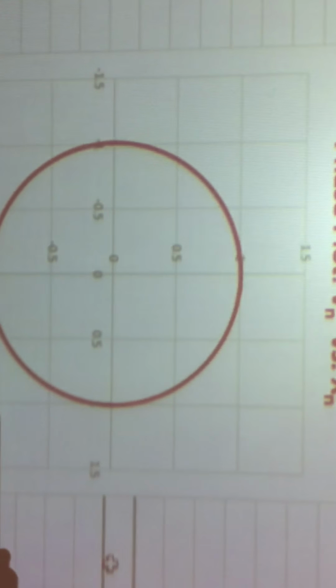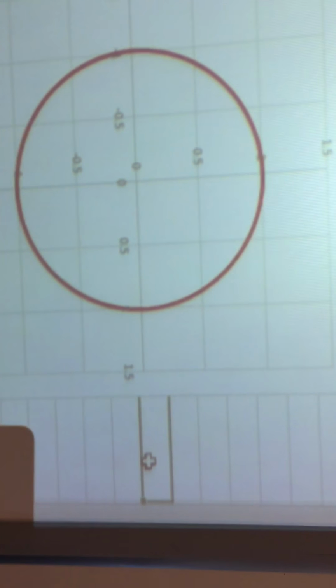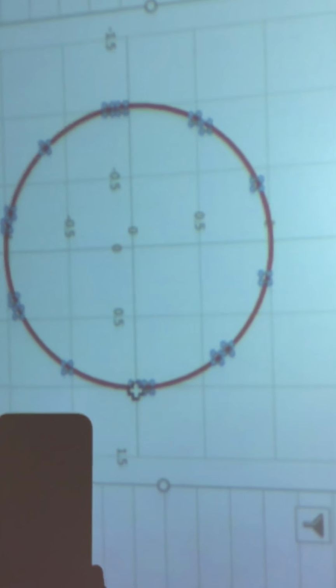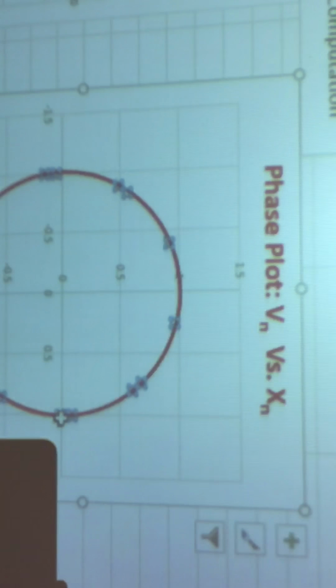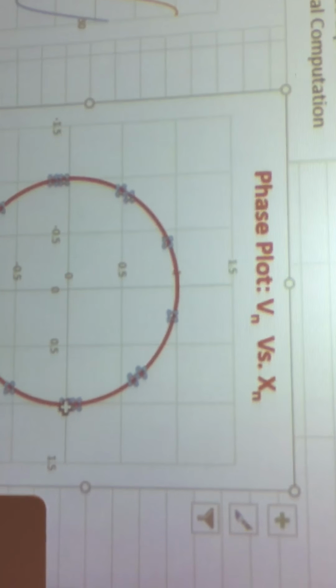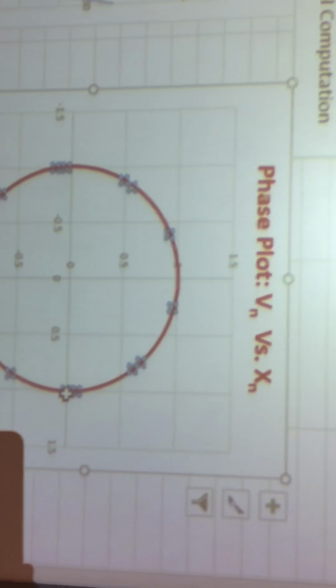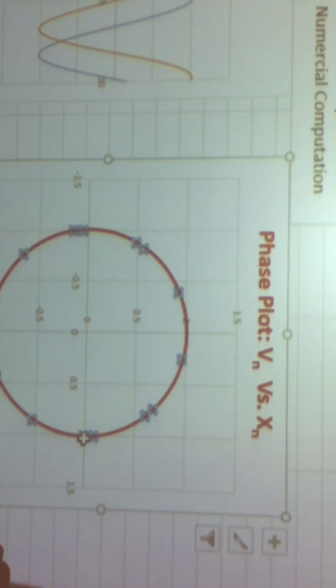So basically what is happening is that the system is starting out at this point, and then it goes to this point and so on. So it goes around the circle in a clockwise fashion. That is the trajectory of the system. This is very important, not just for mechanical oscillations, but for electrical oscillations that we cover later in the course.